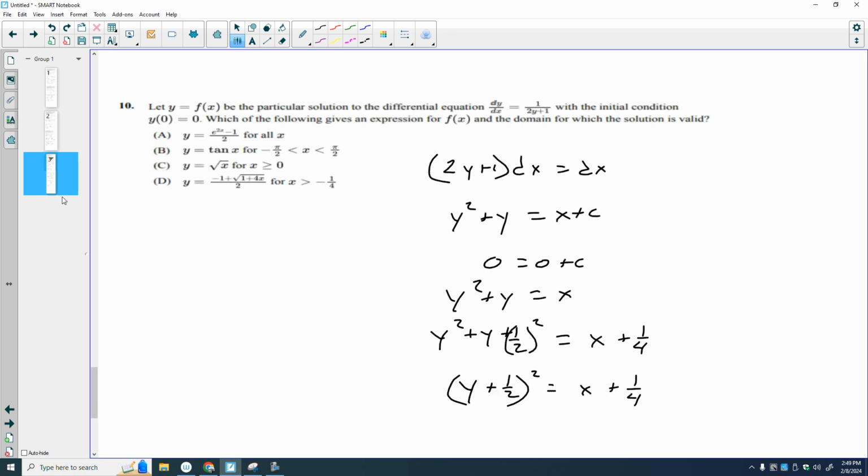And then we're going to square root both sides. And then we're going to subtract a 1/2. Plus or minus. But according to the domain, oops, wow, what did I just write?